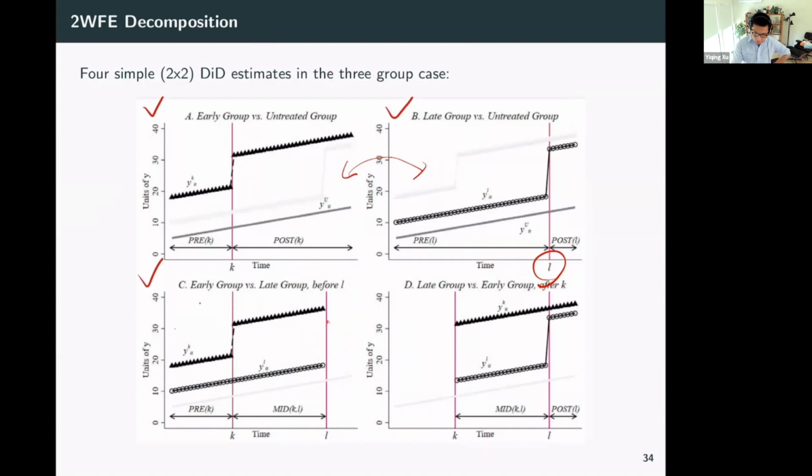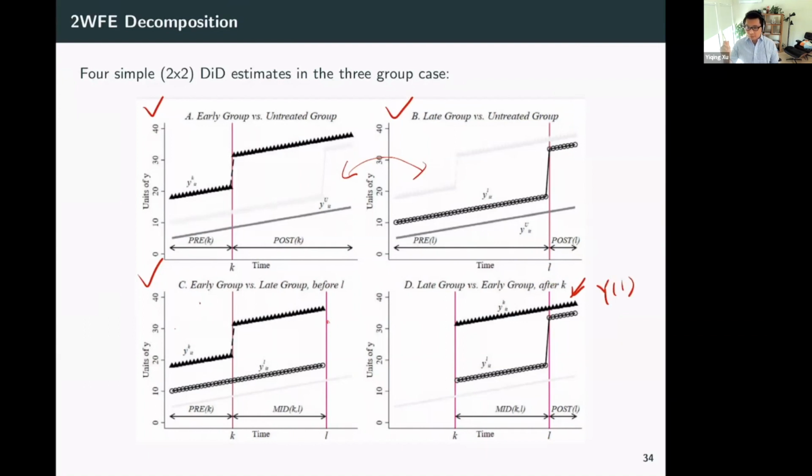So what is really problematic is, I think one of our audience asked the exact question, saying in two-way fixed effects, you will actually use the treated data for the early adopter, which is this one, as control. This is Y1, right? This is already treated, used as controls for the late adopters.